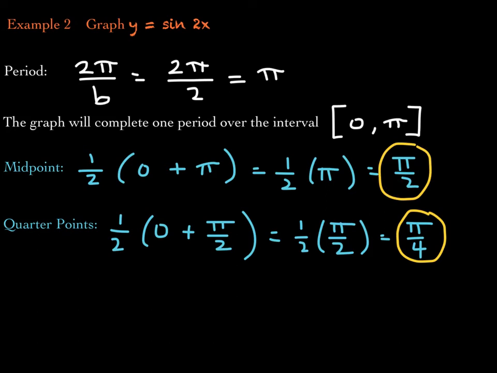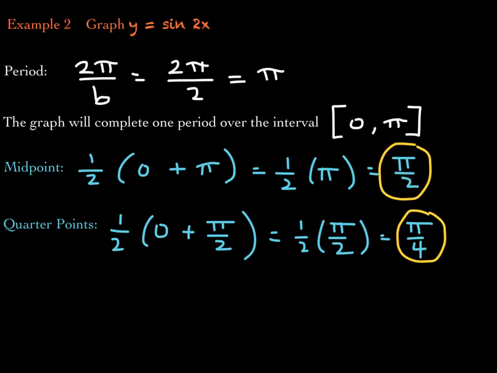Now, what we need last is your third quarter point. The third quarter point would be the distance from, pay close attention, the midpoint to the right endpoint. As a reminder, the first quarter point was halfway between your left endpoint and the midpoint, right? Halfway between 0 and pi over 2 is pi over 4. The third quarter point will be half the distance between pi over 2 and pi.